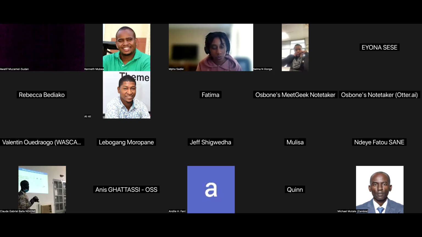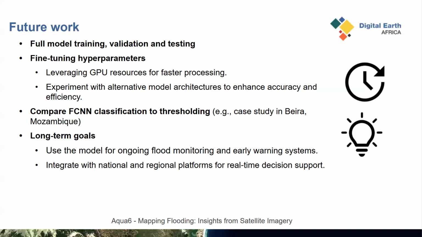So this will also be another way for us to demonstrate how to use the Digital Earth Africa data outside of the sandbox environment, which will also be quite pioneering in making our data even more easily available, accessible and usable outside of that slightly restricted sandbox environment.